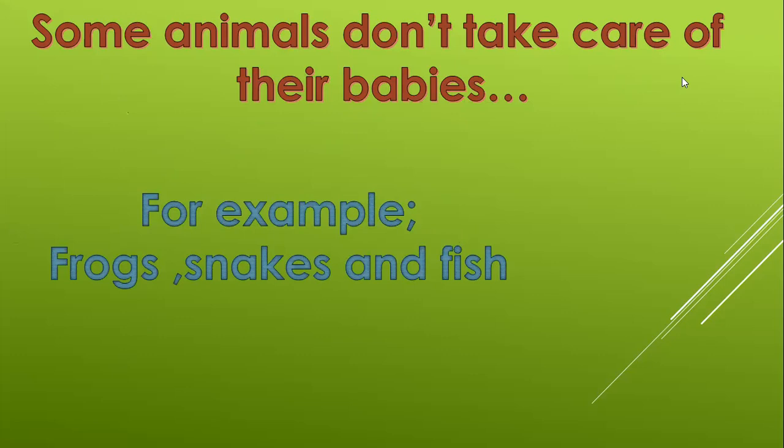Same goes for the snake. Snake finds a place where she can lay eggs, and the eggs hatch by themselves, and the baby snakes come out by themselves. Another example is a fish. Fish is the same as frog. She lays eggs in the sea water, and then she leaves them there, and the babies hatch out by themselves.